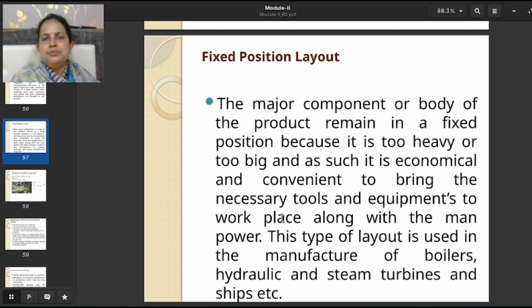If you move the product from one place to another, it may be very costly for the organization. In that case, the product remains fixed. Machinery, tools, equipment, manpower, everything moves to the product.